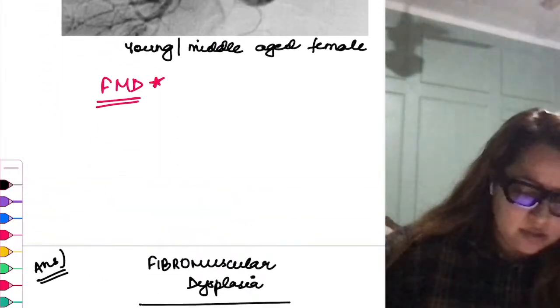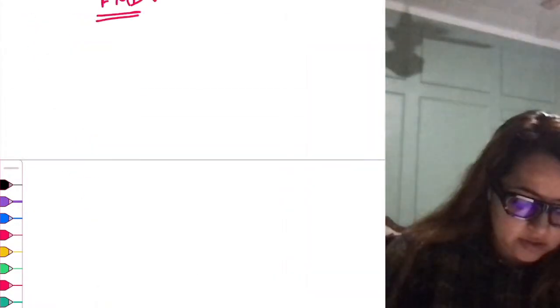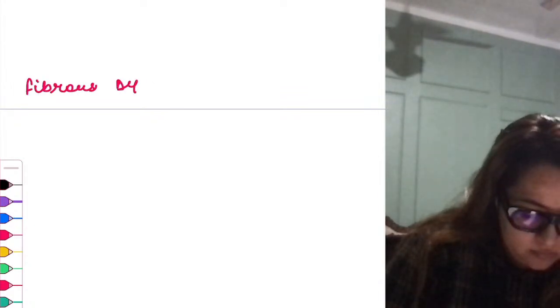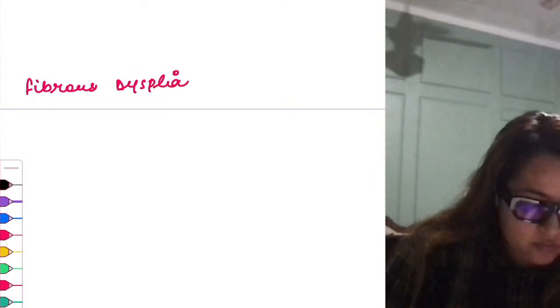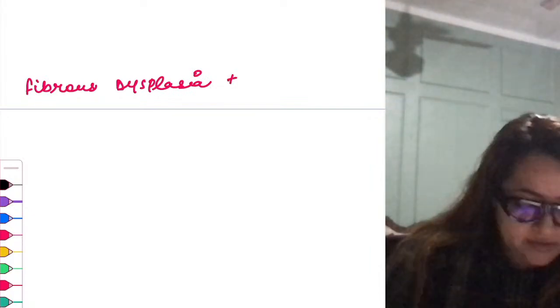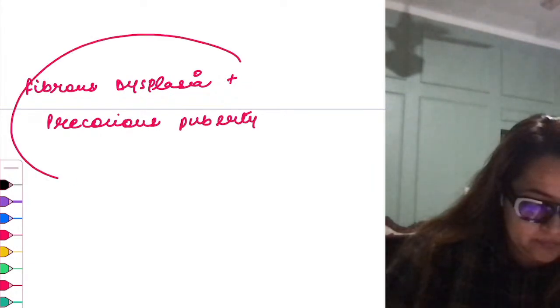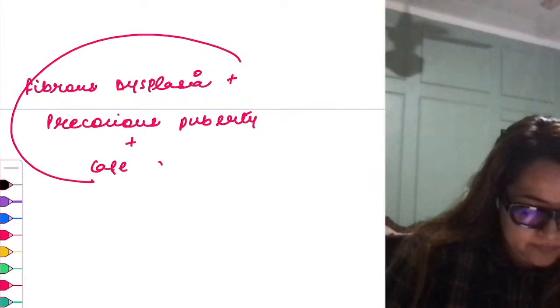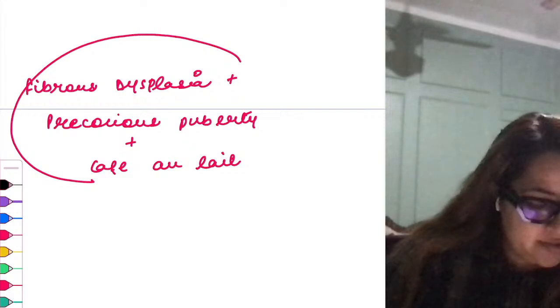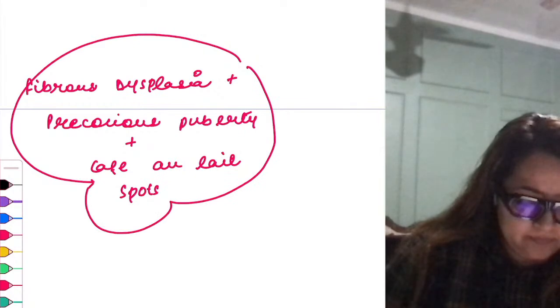Now, before beginning with fibromuscular dysplasia, I would also be talking about fibrous dysplasia. Supposing the question tells you about fibrous dysplasia plus precocious puberty plus cafe au lait spots. If these points are given in the history, which diagnosis will you like to make?